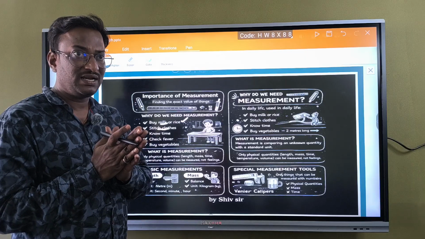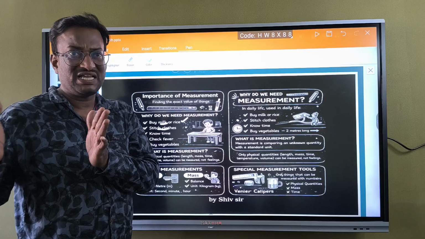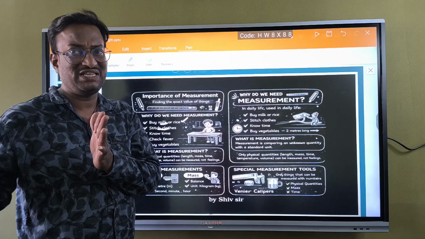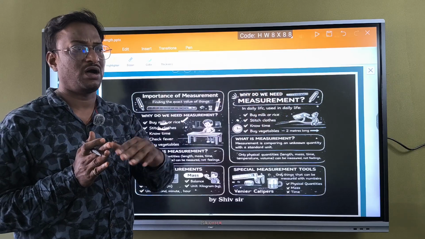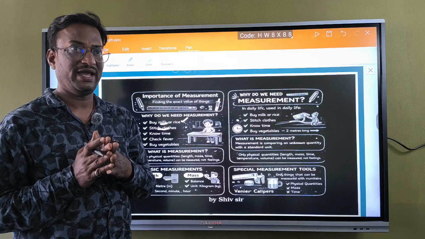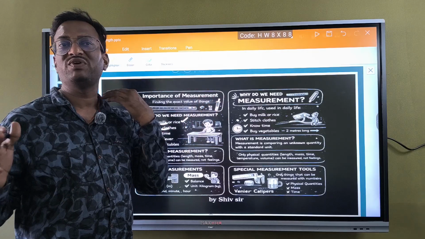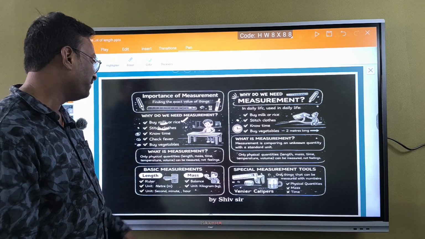In order to measure fever, we need something. In order to weigh the vegetables, we need some other instrument. In order to see the time, we need some device. Likewise, for all the things we need different kinds of devices in our daily life. Right? What is measurement?